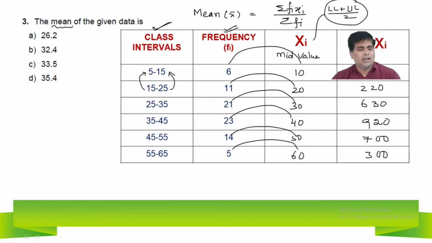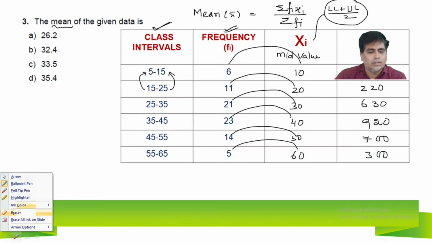So once again you verify it. Are you getting 60, 220, 630, 920, 700, 300 or not? I got the same. So better you cross check once.